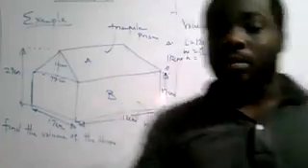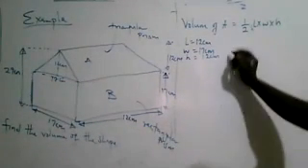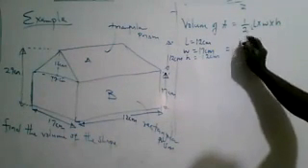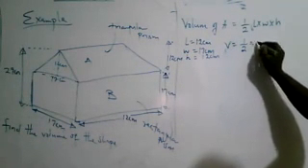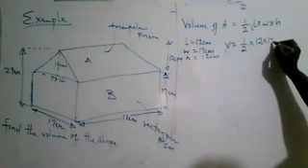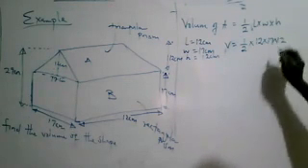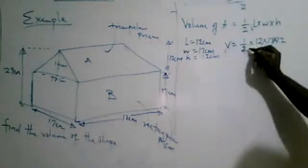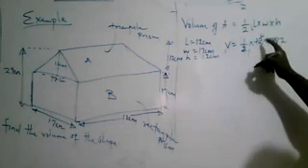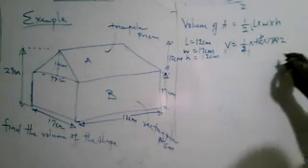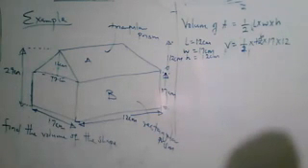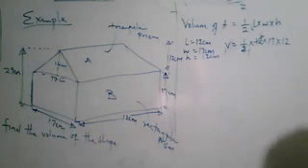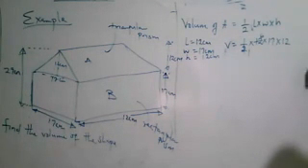All right. So our volume would be 1/2 multiplied by 12 multiplied by 17 multiplied by 12. Half of 12 is 6, and 6 times 12 is 72. Then 72 times 17.